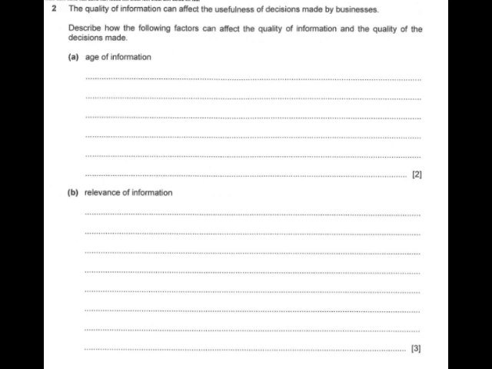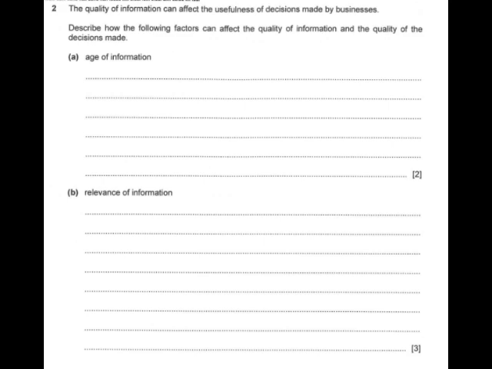Up-to-date information ensures that decisions align with the latest market conditions, customer behavior, and operational changes, leading to more effective outcomes. Relevance refers to how closely the information aligns with the specific decision or problem at hand. Irrelevant information can distract decision makers, wasting time and resources, or leading them to focus on unimportant factors.